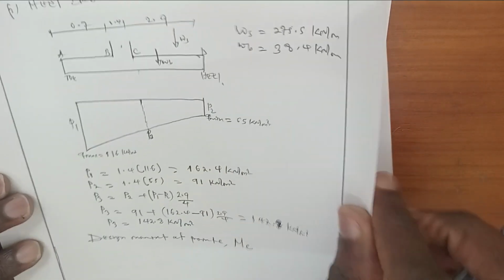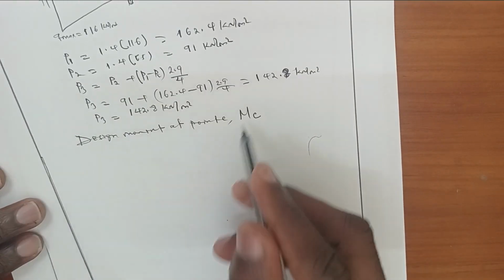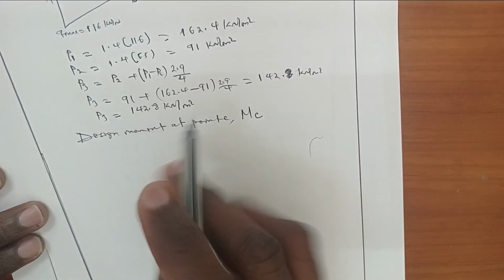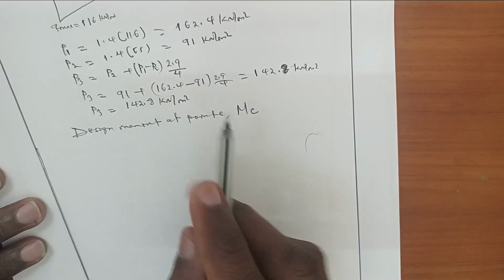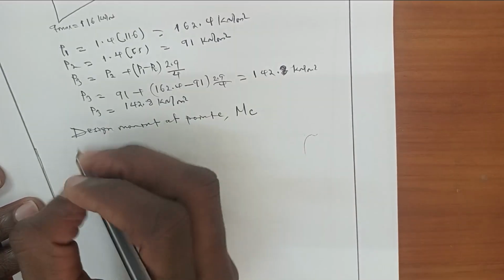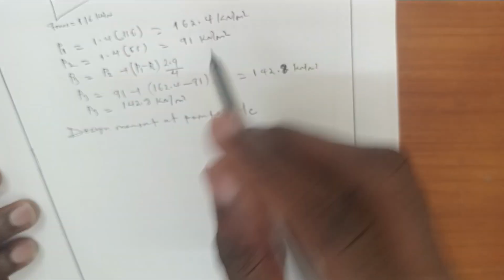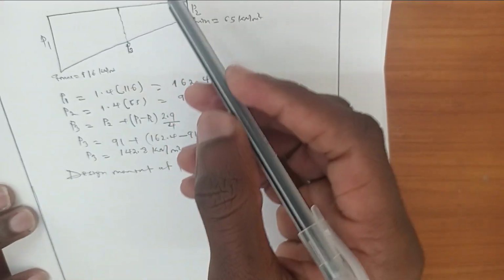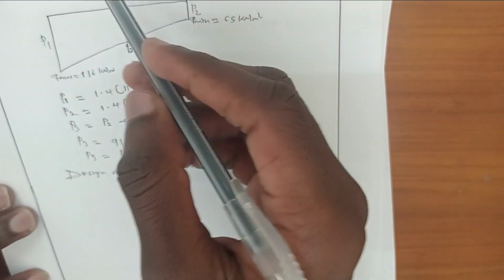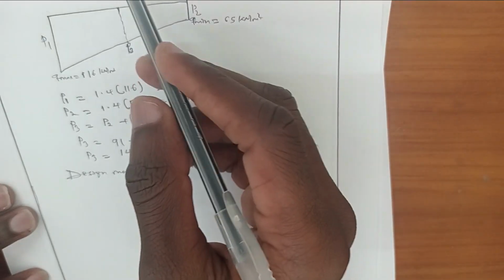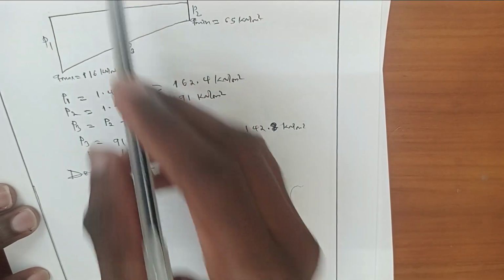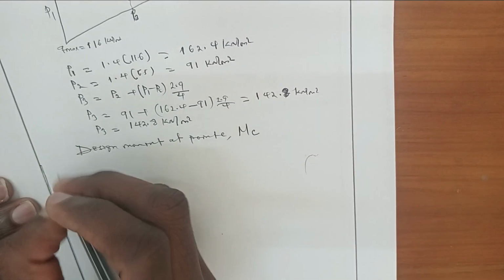Now let's determine the moment at point C. The moment is obtained because all of these loads acting at the heel slab will rotate about point C. So there is a moment.